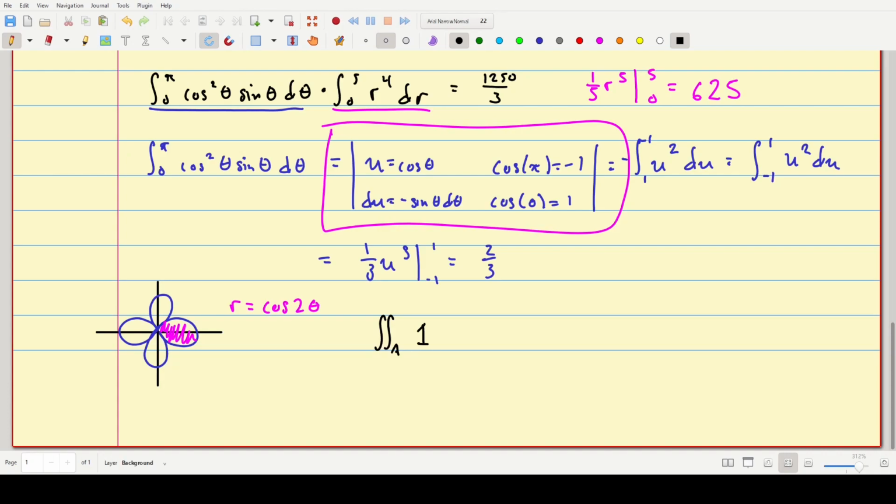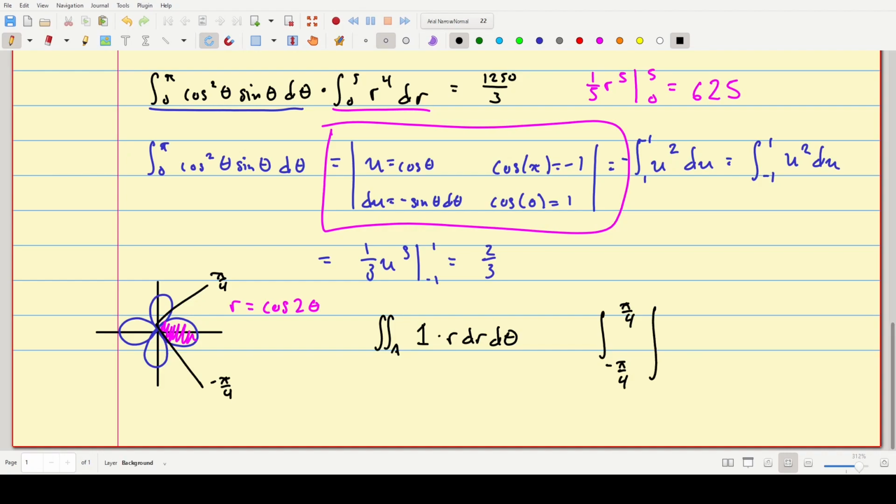Okay. Now, of course, you have r dr d theta because we're talking about integrating in polar coordinates. But you set up the integral by integrating from negative pi over 4 to pi over 4, which is what you would find those angles to be for the polar curve.